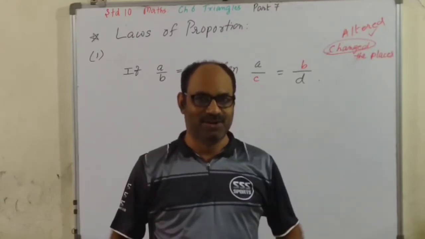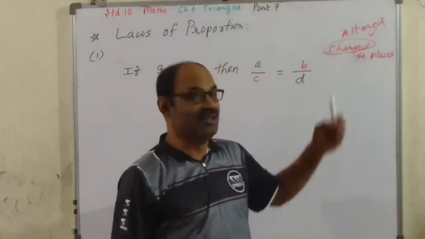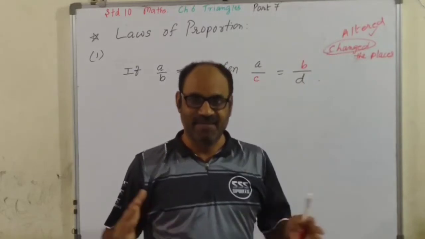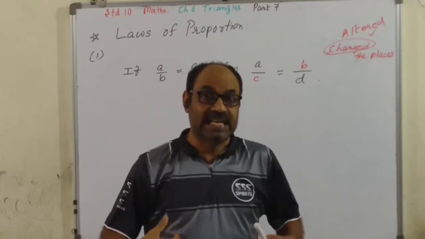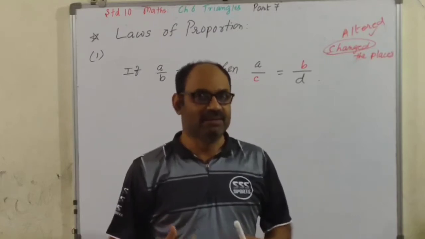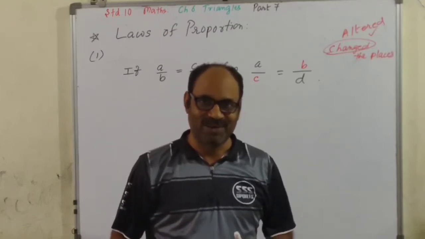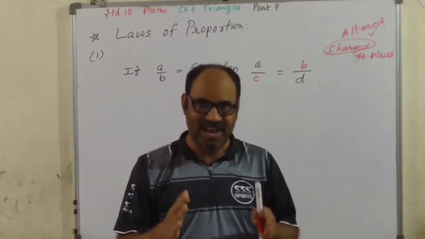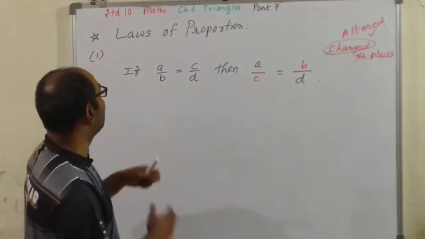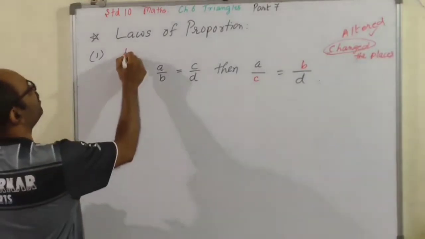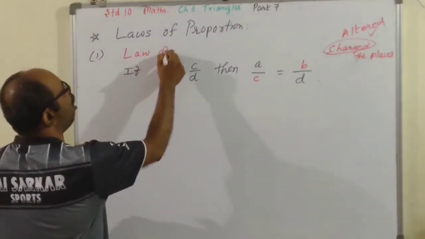Children, when you buy a new dress, sometimes this word is used. A ready-made garment, when you buy it, if it doesn't fit, then they say we can alter it for you. That means we can change the shape and size.